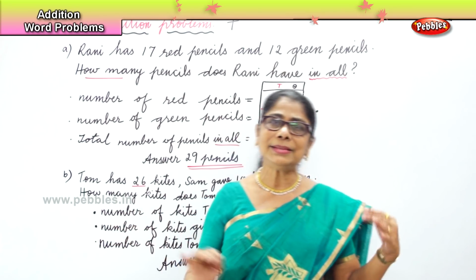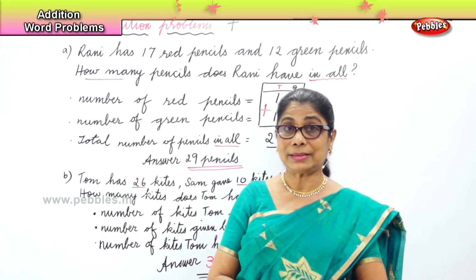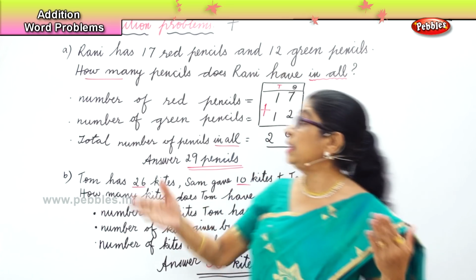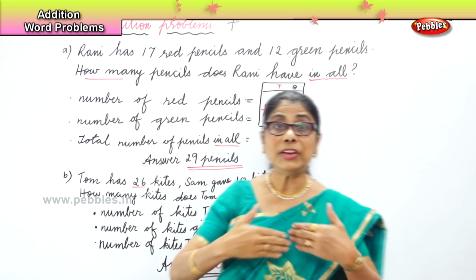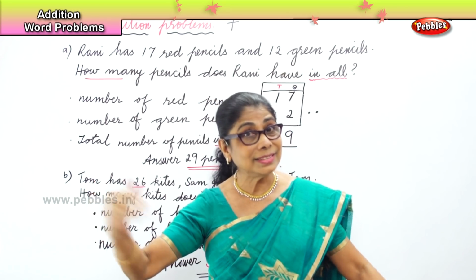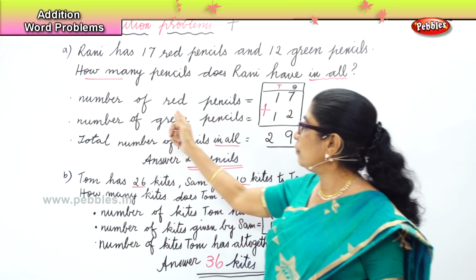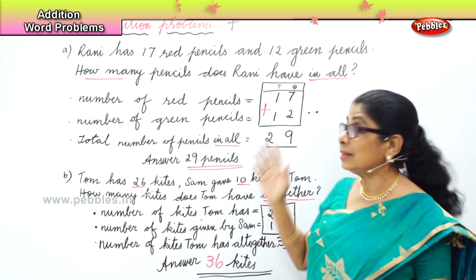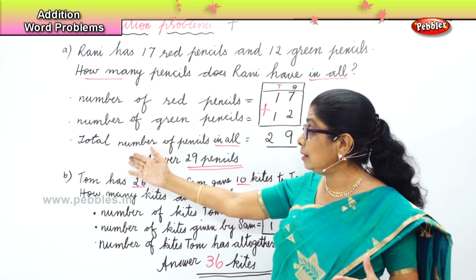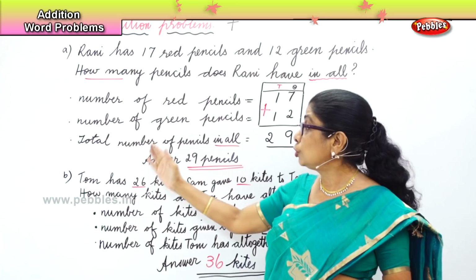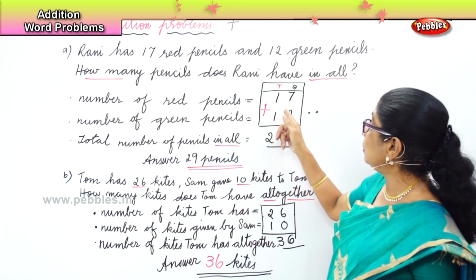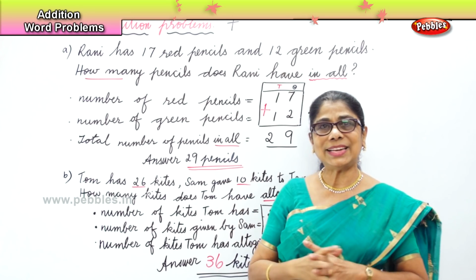The most important thing is the question: how many pencils does Rani have in all? So the next is the statements. Number of red pencils, 17. Number of green pencils, 12. The third most important statement, total number of pencils in all. 17 plus 12, 29 pencils.